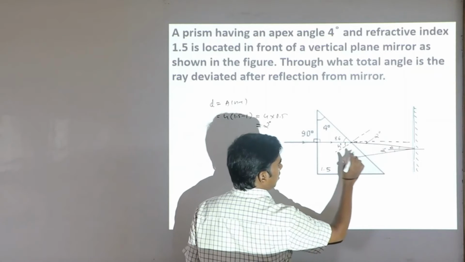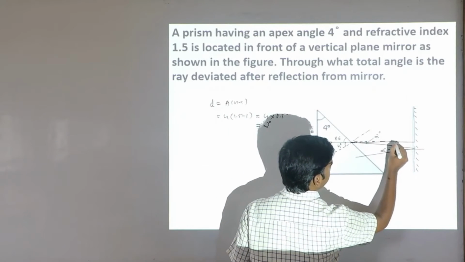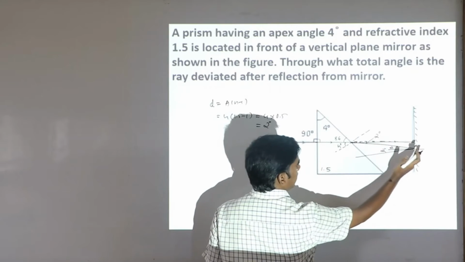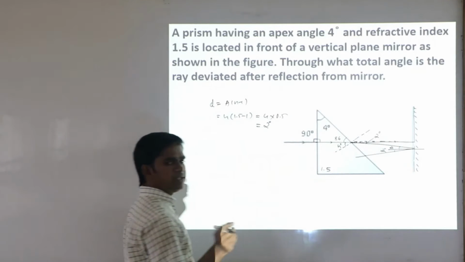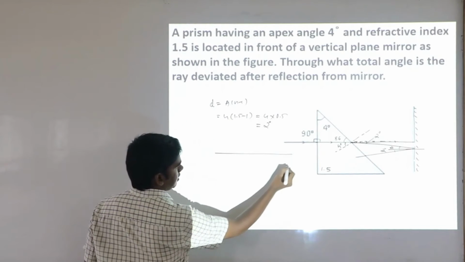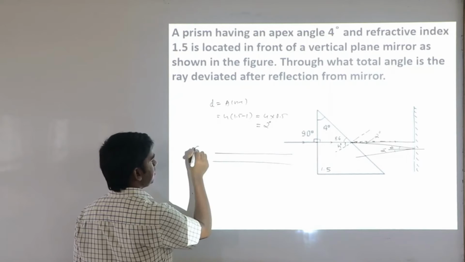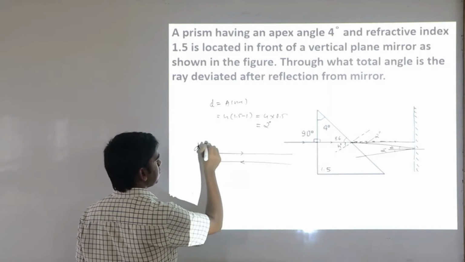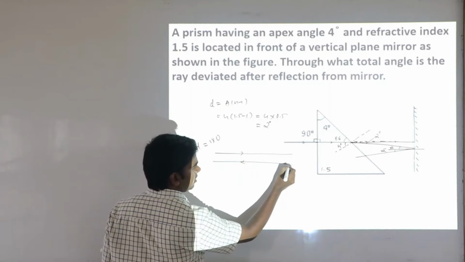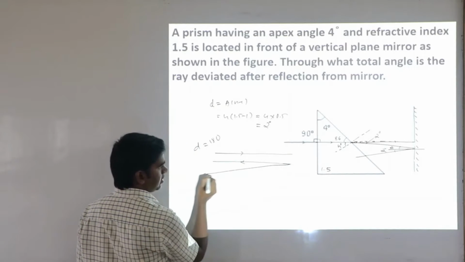Okay. Now what will happen? If the mirror is not there, the ray must have gone here. Okay. So how much deviation is there? If it returned, the deviation would be 180. But if this is the incident ray and it returned like this, the deviation is going to be 180, but it is not returning parallelly. It is returning a little deviated like this.